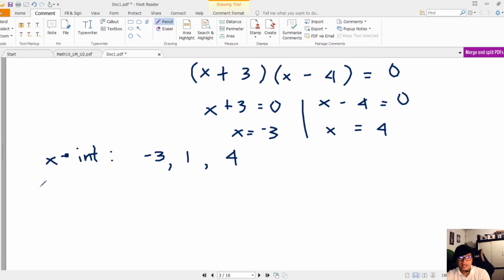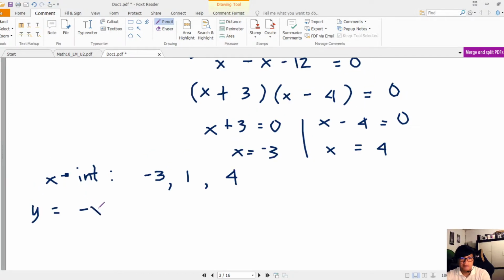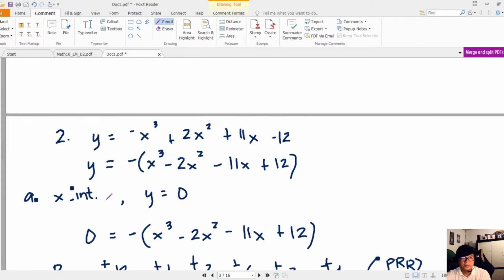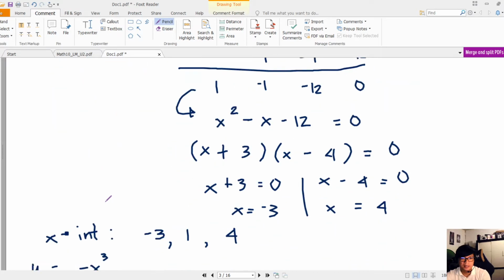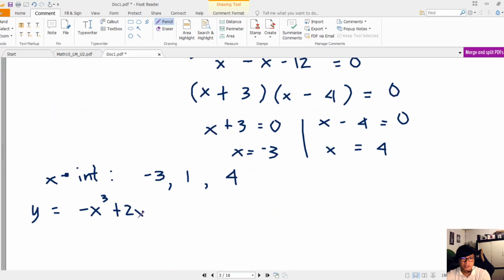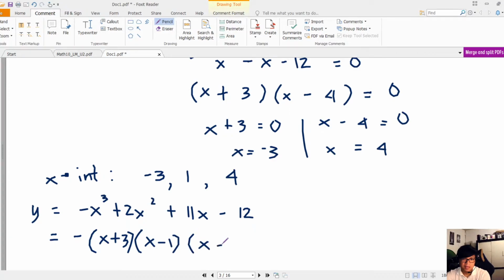So, kung i-convert natin yung given natin na y is equal to negative x cubed plus 2x squared plus 11x minus 12, the factored form is negative times x plus 3 times x minus 1 times x minus 4.